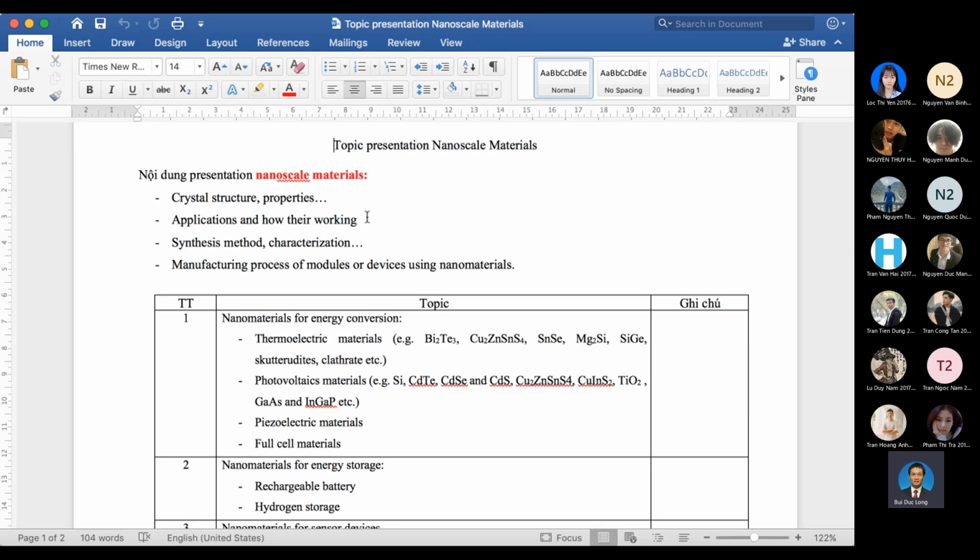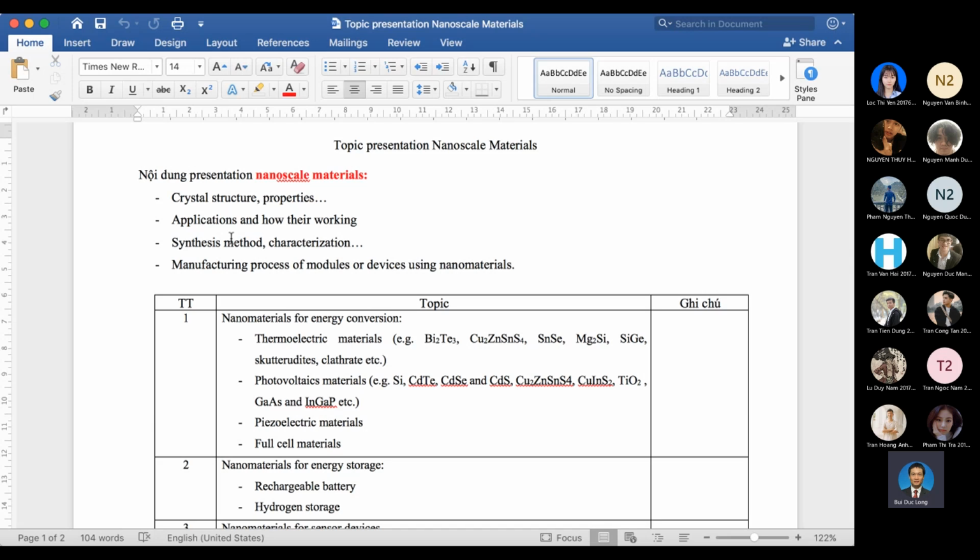You also have to show the synthesis or fabrication methods of the nanomaterial you use. You can even review several different synthesis methods. If you do that, you have more chance of a higher score. Of course, you can present only one method, it's fine.